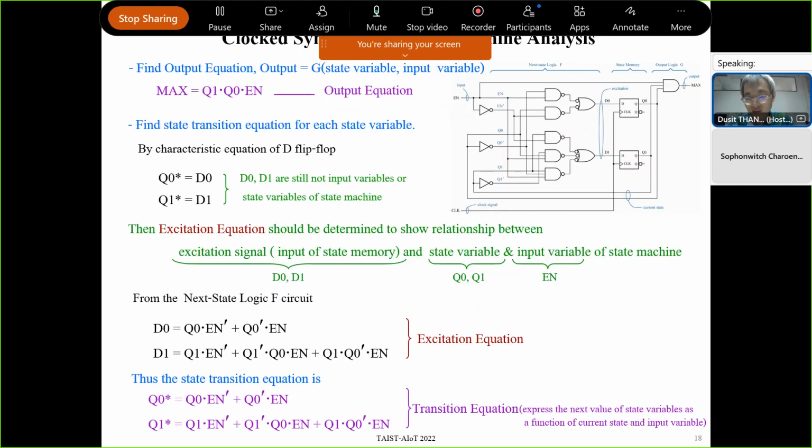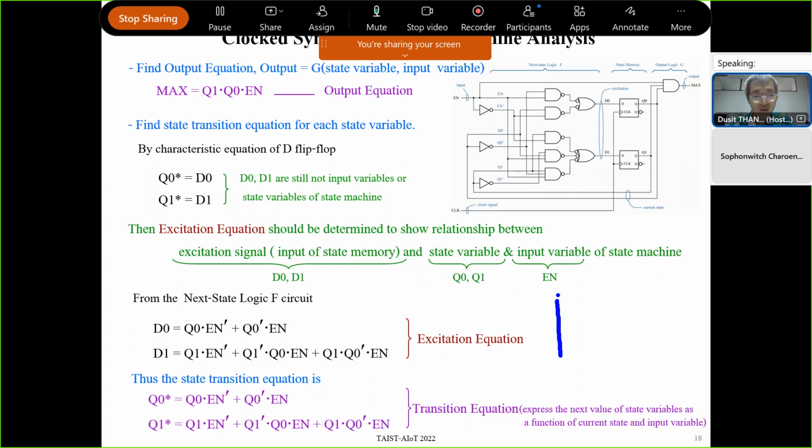So D0 is Q0 EN prime plus Q0 prime EN. For D1 also, you can derive it from this circuit connection, and you get this one. This is the excitation equation.